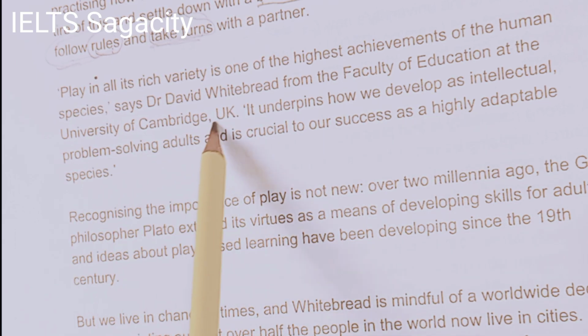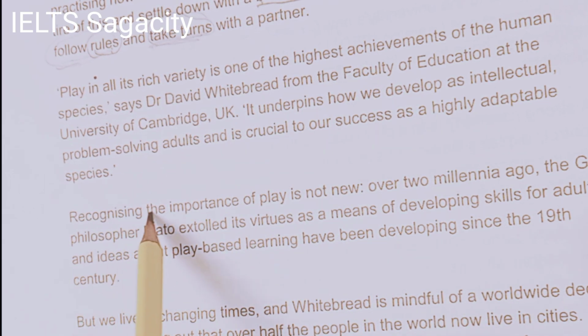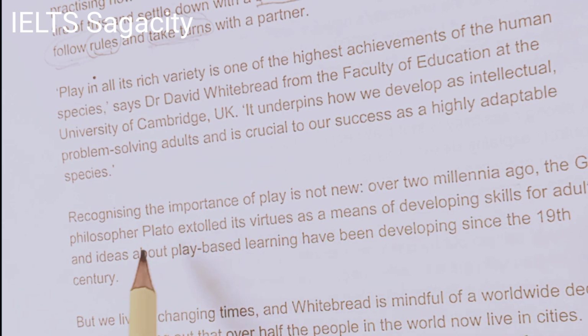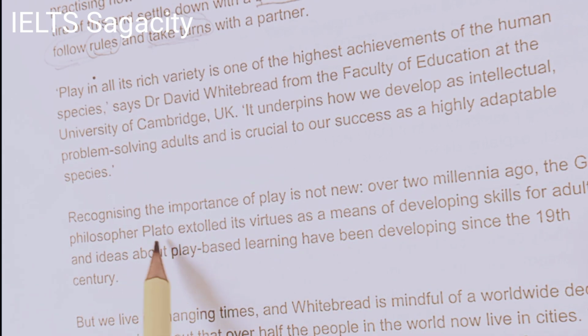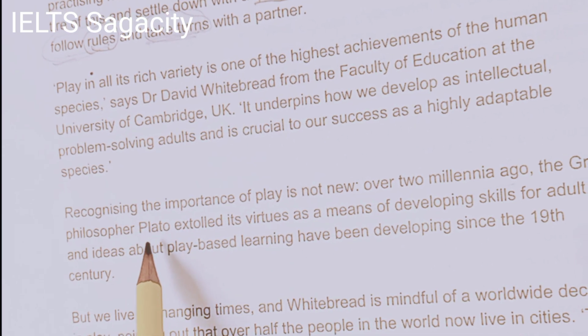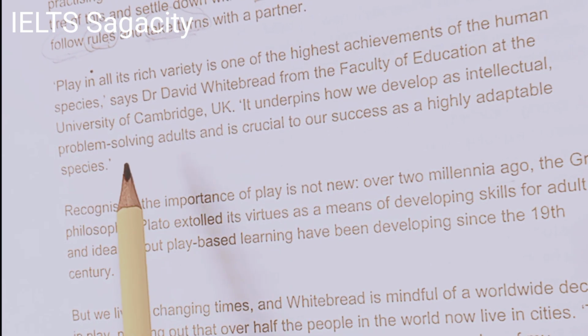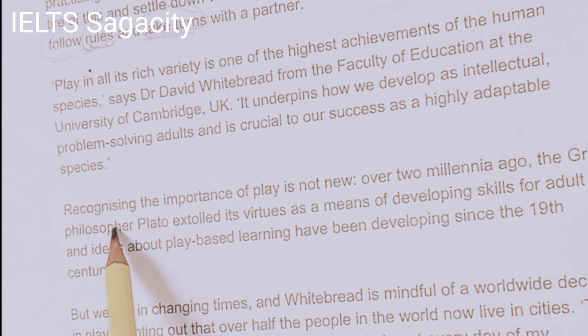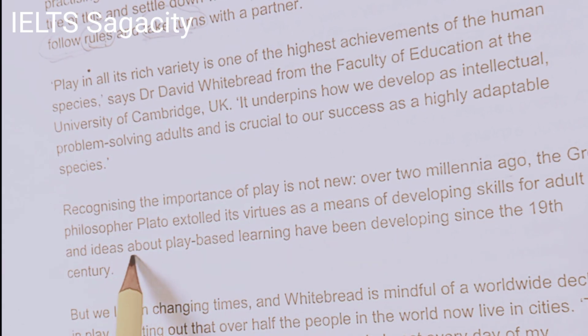Adaptable species, we can't see any. To Greek philosopher, which is... okay. So we haven't seen anything related to the populations by now. So we'll keep looking until we find one.